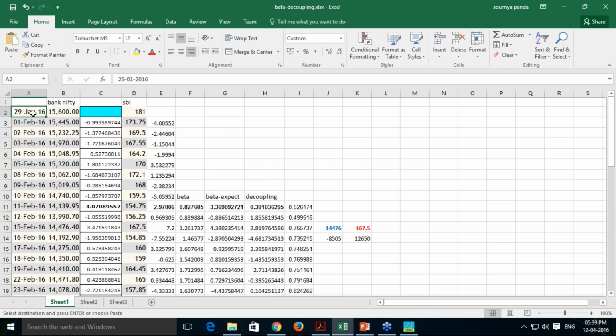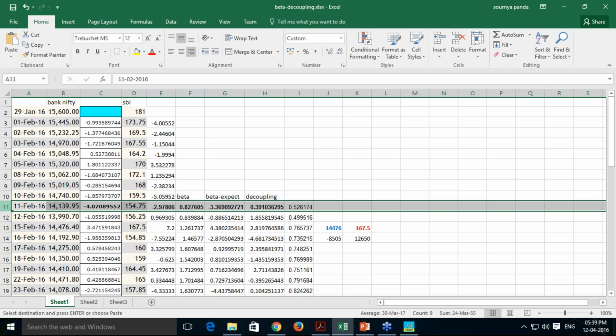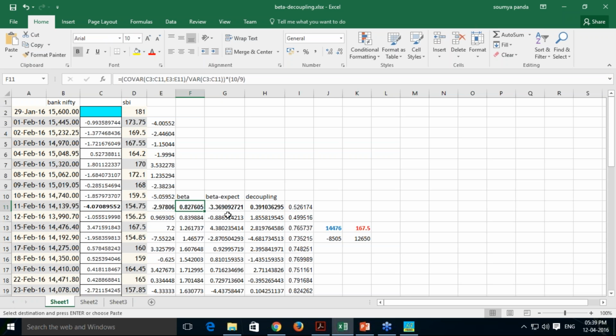I require 29th January till 10th February, so from 11th February we calculate the beta. The Bank Nifty and SBI beta was quoting at 0.82. Bank Nifty is independent because it is an index, and State Bank of India is a stock, so it is dependent.